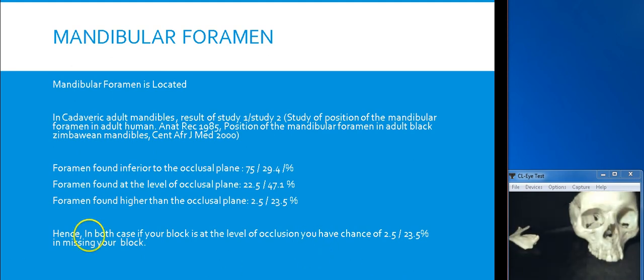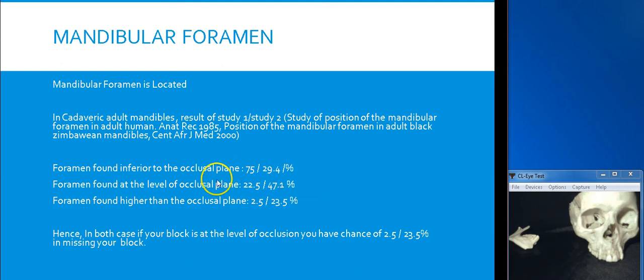And so to summarize this, relative to the occlusion plane, the foramen is found 2.5% to 23.5% above the occlusion plane. At the level is 22 to 47. Inferior to the mandibular foramen, you have 75 to 29.4%.